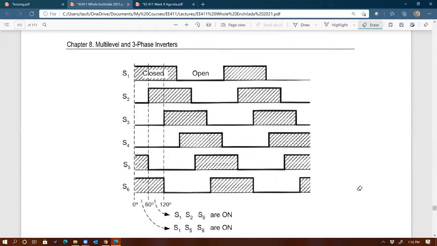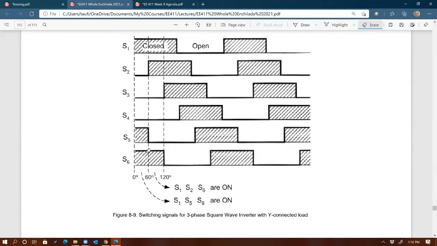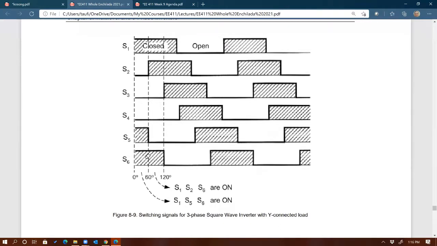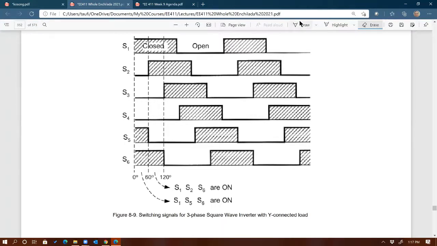And the combination, different combination of the 3 switches will last for 60 degrees, as you can see, right, from here. So we have combination of S1, S5, S6 for 60 degrees.